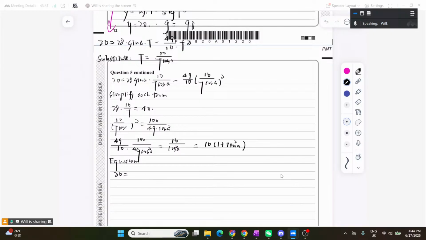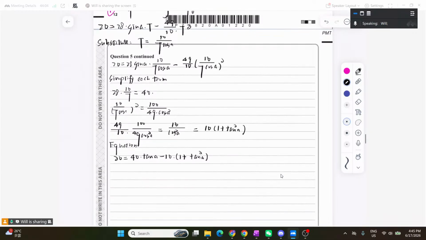The right hand side is 40 times tangent alpha minus 10 times 1 plus tangent alpha squared, right? And then both sides we can divide by 10, right? So we can get 2 equals 4 tangent alpha minus 1 minus tangent alpha squared.